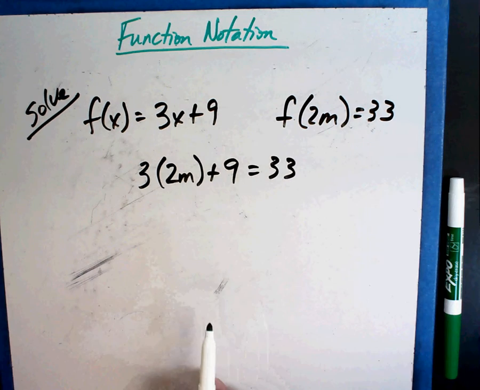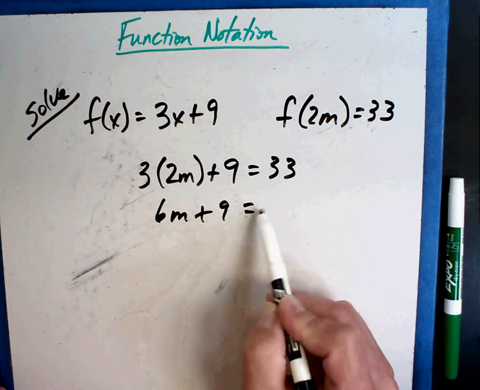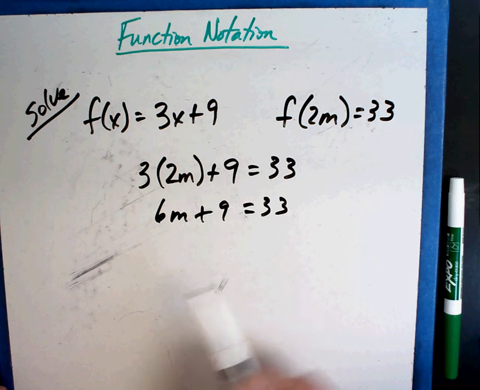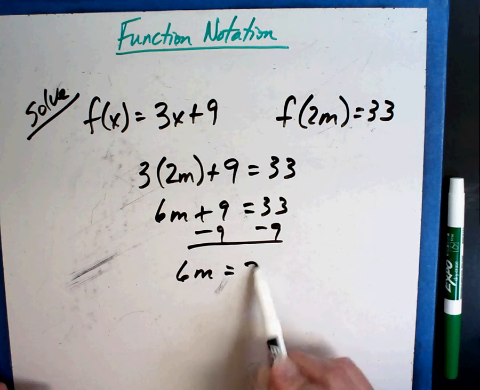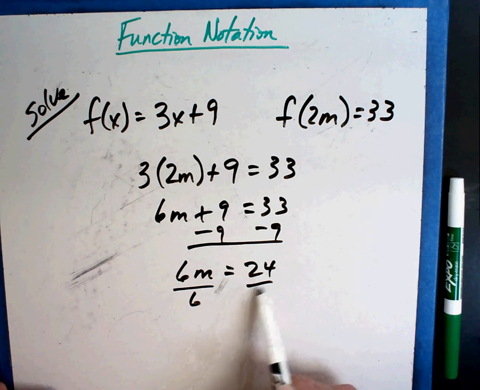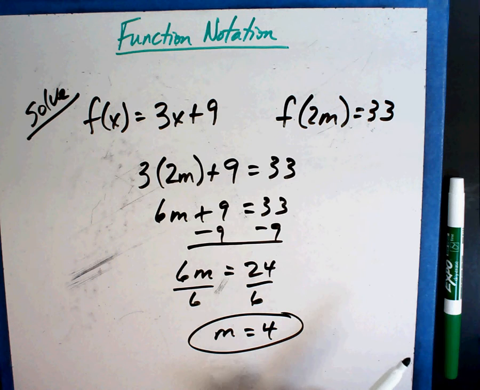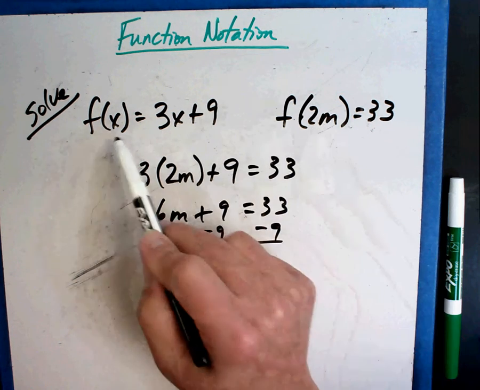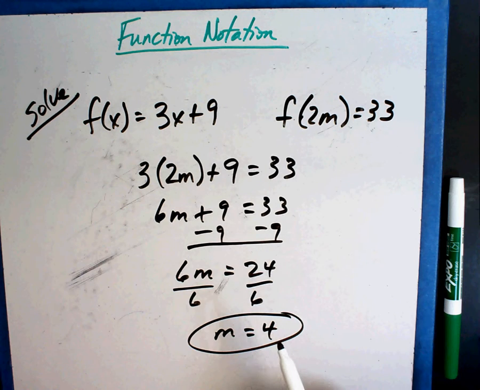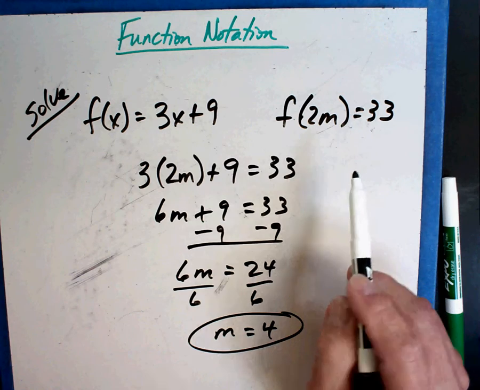So we're just going to solve it. Multiply through: 6m plus 9 is 33. And so you subtract 9. 6m equals 24. Divide by 6. Simple algebraic manipulation, m equals 4. And you solved it completely. Again, whatever's in the parentheses plugs in for x, and you just solve it. In this case, they told you what it equaled, and you just work the problem.